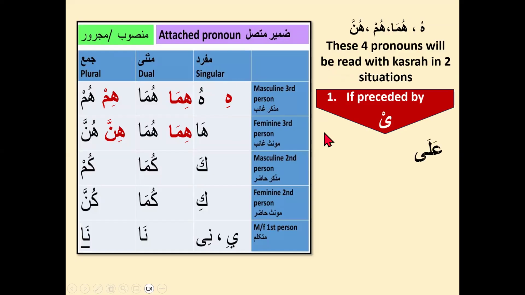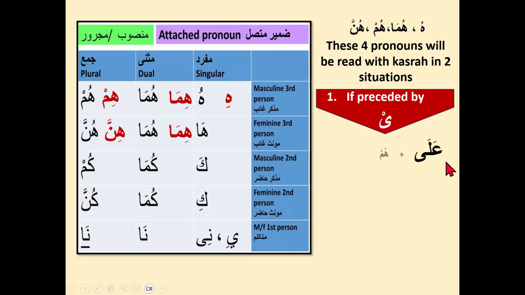First I will give the example for this one, like alay. I just copy pasted this slide from lecture 14, where we attached these pronouns with prepositions, with harfu jar. So here at the moment there is harfu jar, but I'm not concerned about the harfu jar. The main concern is the letter ya.